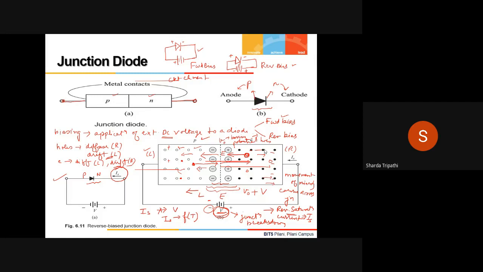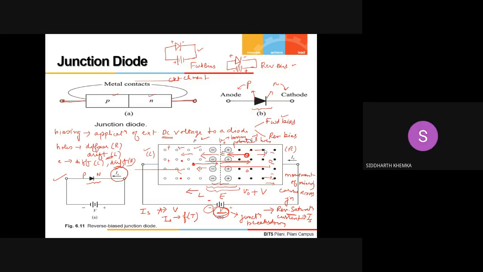It means the electric field will become strong enough to break pretty much all the covalent bonds, thereby creating a lot of majority carriers that will contribute to the flow of very large current. Is this understood?